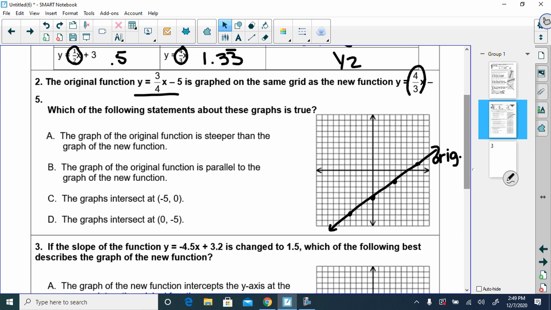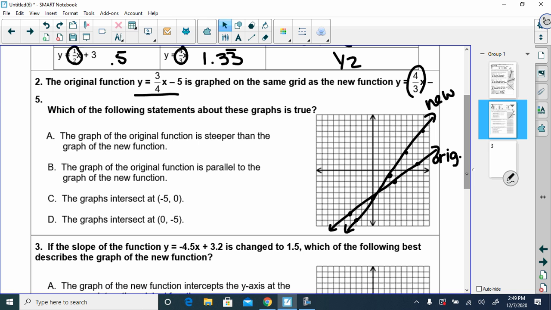So on this one, I'm going to go up 4/3. Okay, so here is the new line. That's what they called it. All right, so we're going to decide which one of these statements is true about those two lines.